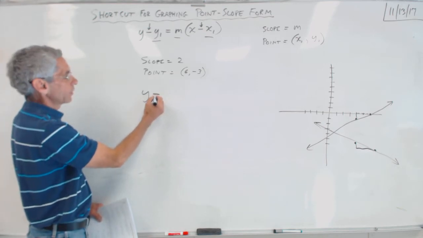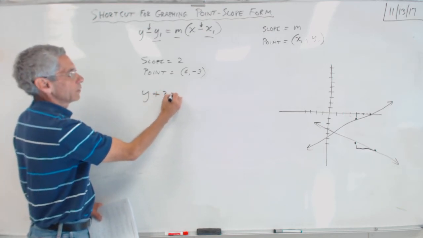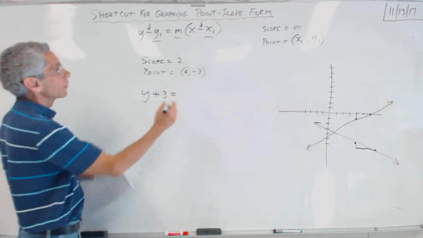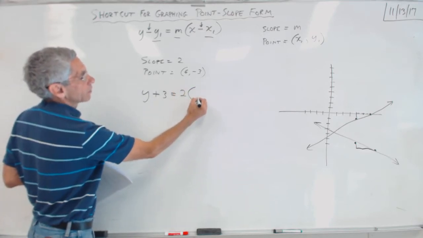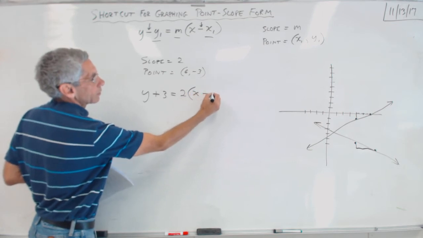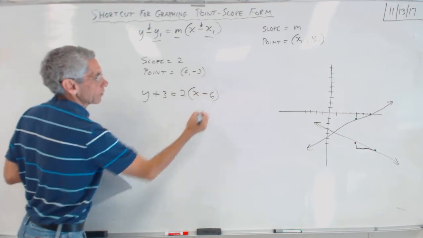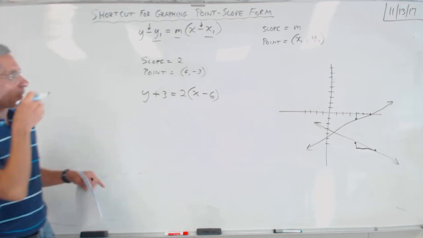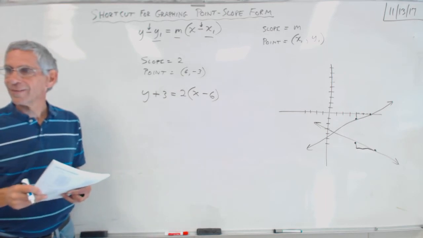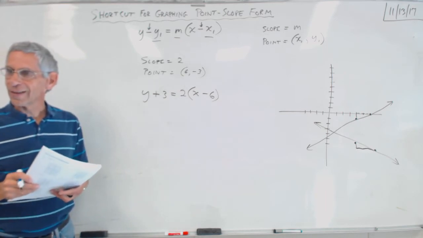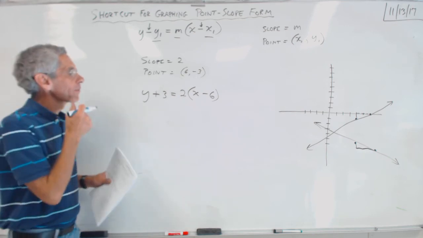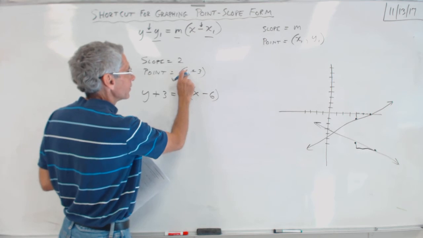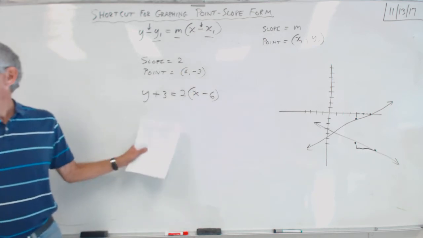So y plus 3 equals 2 times x minus 6. Looks like an 8 over here, but it is a 6. So, straightforward, right?